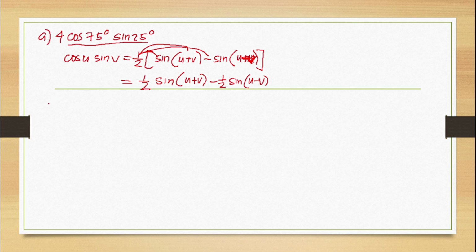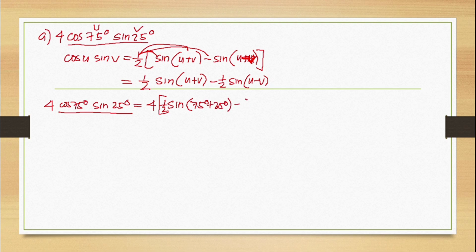So what is the answer for this one? We have 4 cosine of 75 degrees and sine 25 degrees. Our u here is 75 degrees and our v is equal to 25 degrees. Starting with 4 times the quantity, because this is for all: 1/2 sine of (75 degrees plus 25 degrees) minus 1/2 sine of (75 degrees minus 25 degrees).